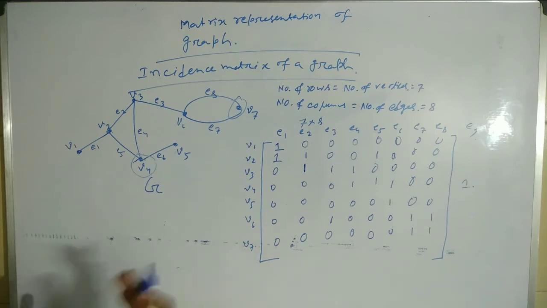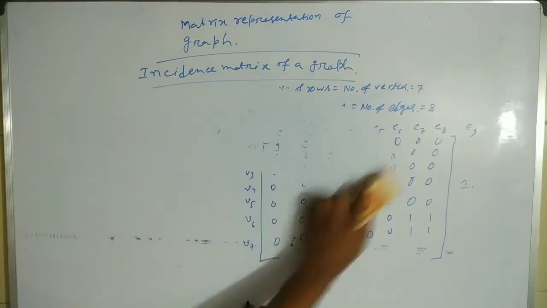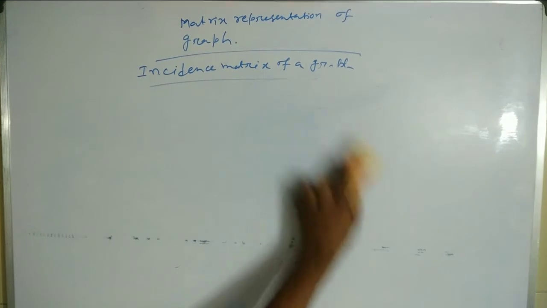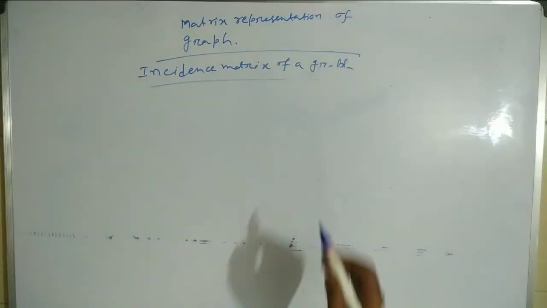The graph was given and we have written the matrix. Now we will show you, if this matrix is given, how we can draw the graph. I am taking an incidence matrix.